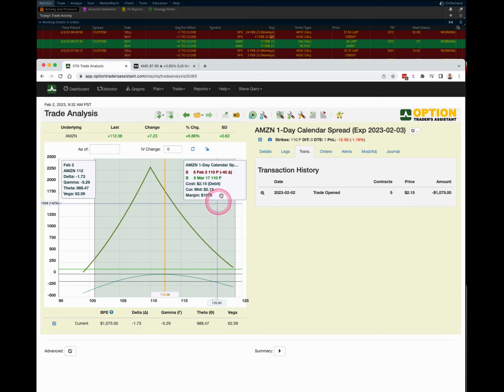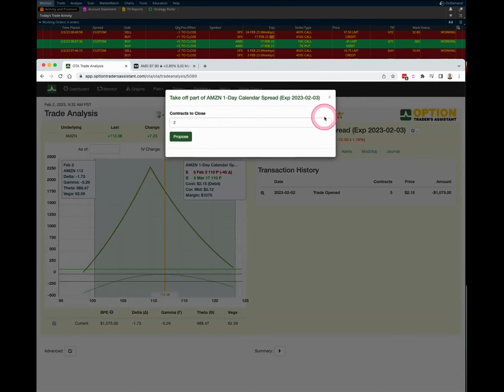We got it out there for $2.15. Now, what I tend to do is go lay an order out there right now to reduce that, just in case tomorrow morning I'm doing something else, not paying attention, and we'll look to take that off at around a 50% profit.